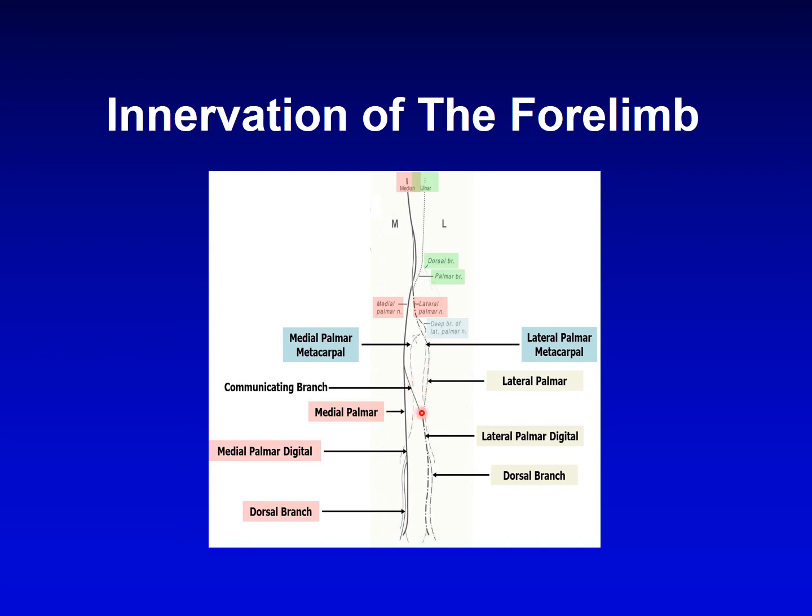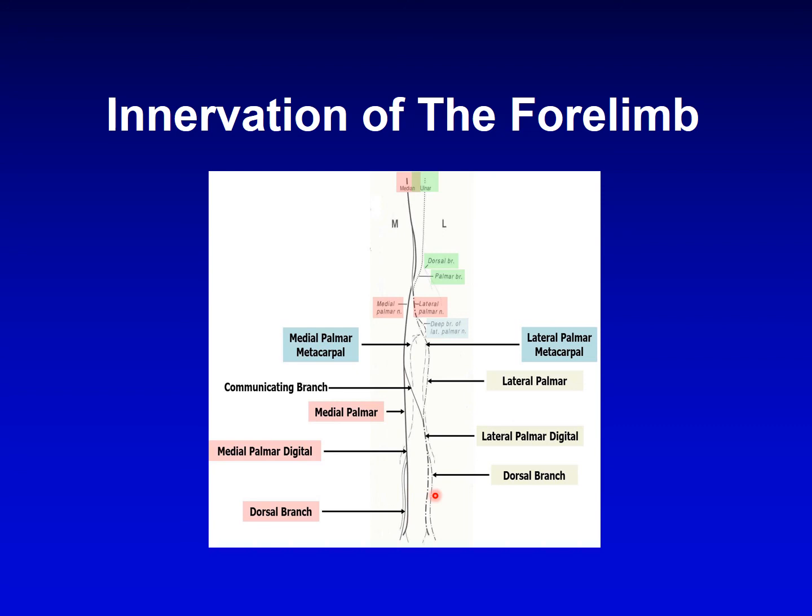The medial palmar continues as medial palmar all the way until the fetlock to become the medial palmar digital. It's the same nerve, medial palmar digital, and it gives the dorsal branch also at the level of the fetlock. The lateral palmar continues as a lateral palmar digital at the level of the fetlock, and also gives a dorsal branch.